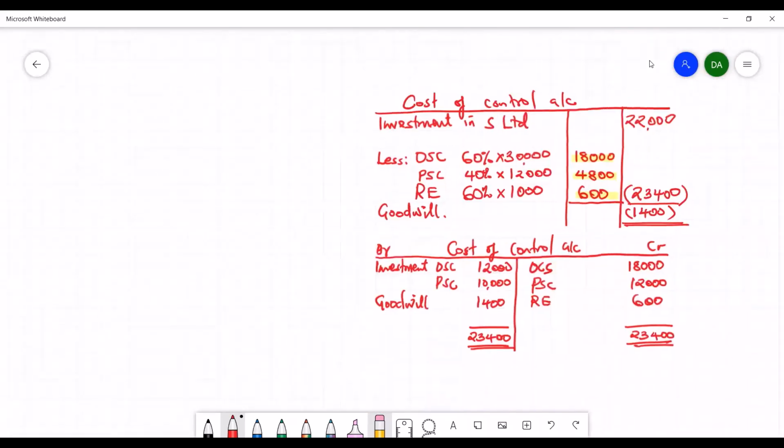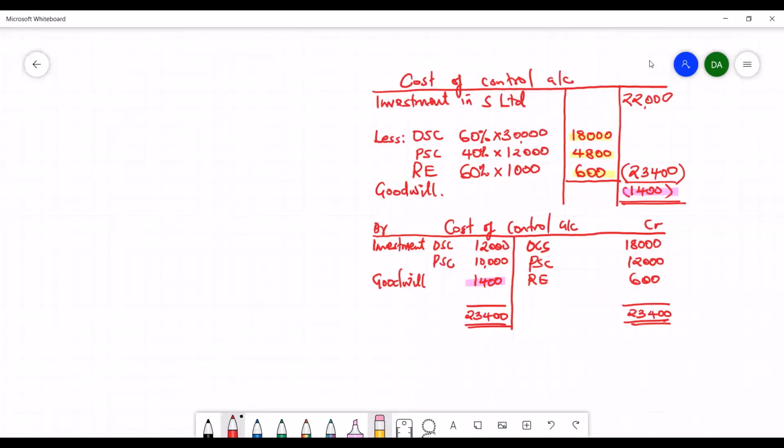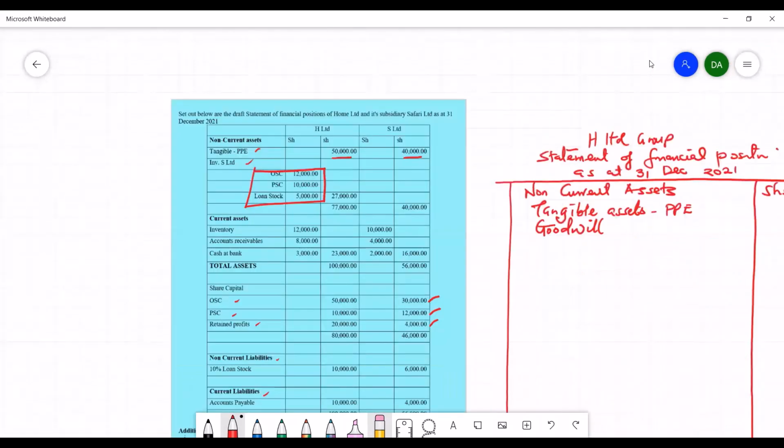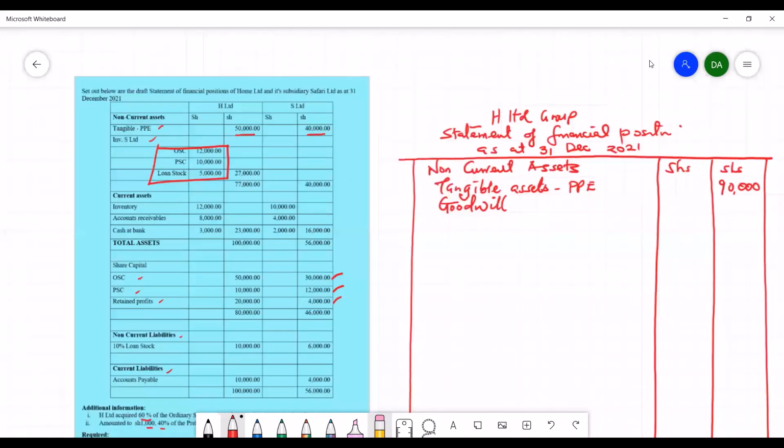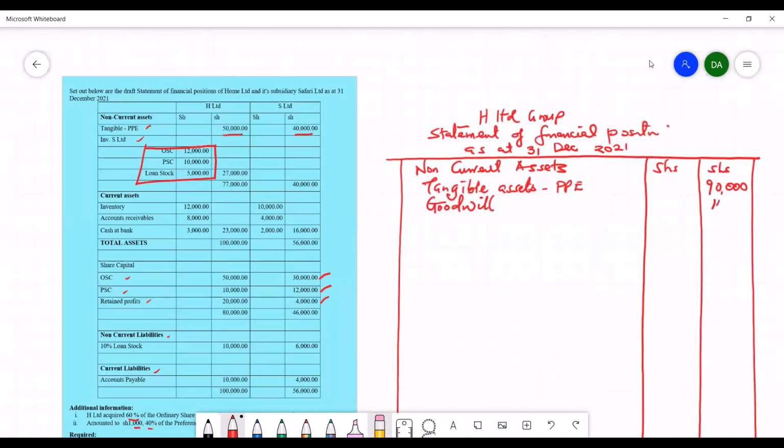Right, here is the cost of control account we prepared earlier. In the cost of control account, we realized that goodwill was a negative 1,400. You remember this when we were preparing the cost of control account. That goodwill of 1,400 negative is what we want to put there. So in the statement of financial position, we have a negative goodwill of 1,400.